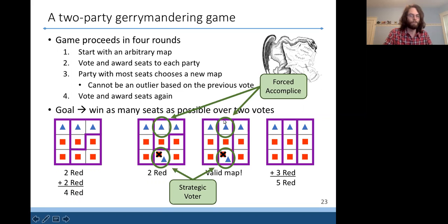This blue voter is almost forced to participate in this scheme to trick the system. And the reason for that is that they can't flip their vote in the other map without changing the outcome of the first election, right? So in this first map, if this blue voter were to flip to red, their district would go red, and they would lose a seat there, and then red's already won.